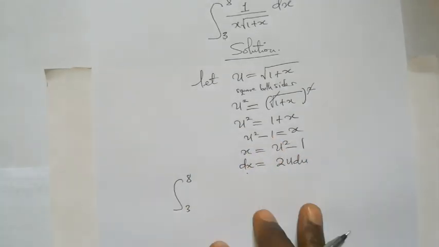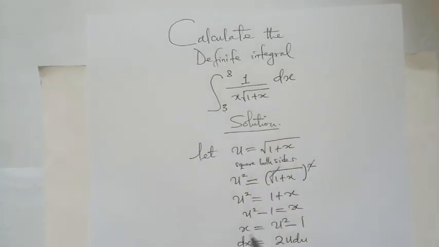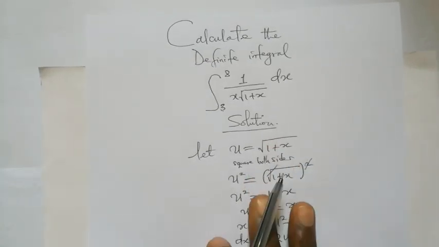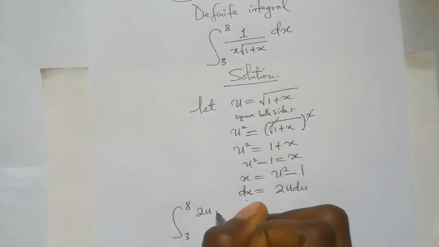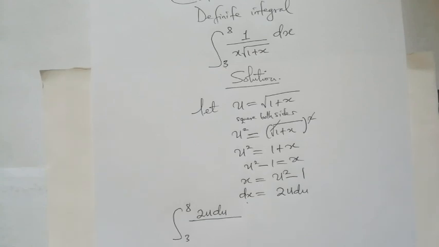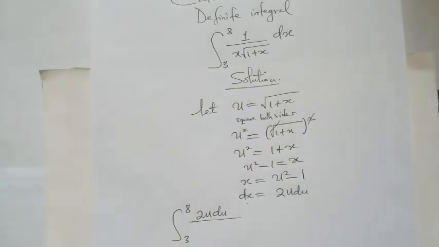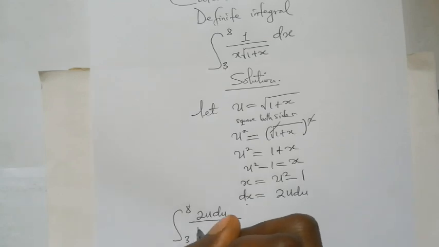Our dx we substitute with 2u du, all over our x, which is going to be there.